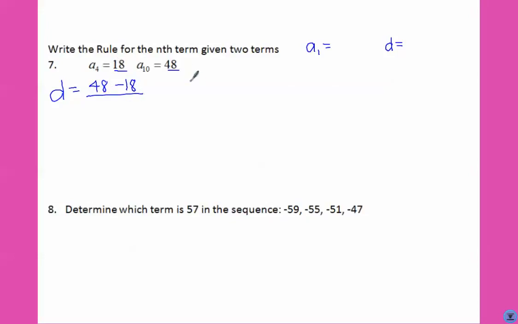Basically, we're finding out how much space is between the terms. Then we're going to subtract the term number, so 10 minus 4. So we have this much space to cover and this many terms to cover it in. So we get 30 spaces over 6 terms, so we must be going up by 5.